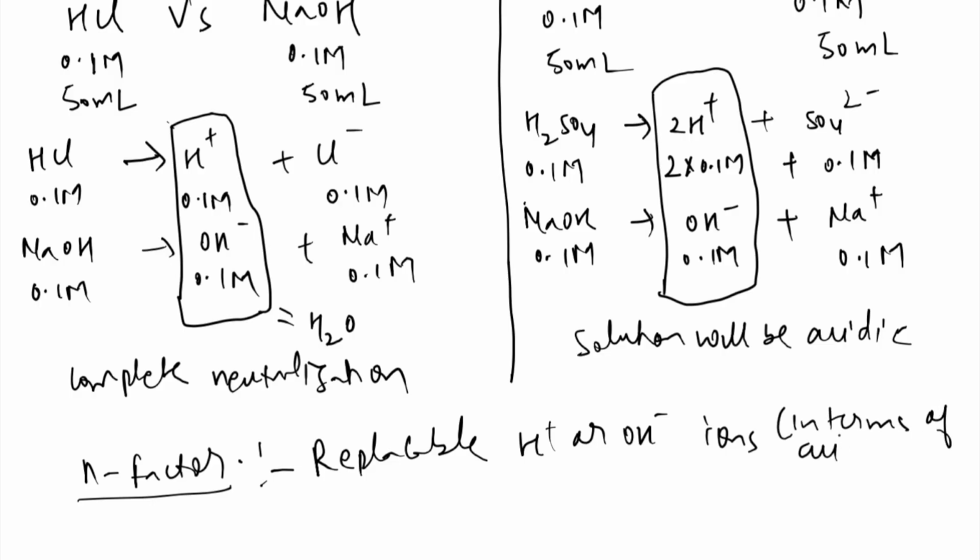I have already told you it's a vast topic, so there are other criteria also, but here we are talking about only acids and bases. How many H plus ions and how many OH negative ions there are will decide its N factor, or its basicity, or its acidity. This also talks about the basicity of the acid or the acidity of the base.